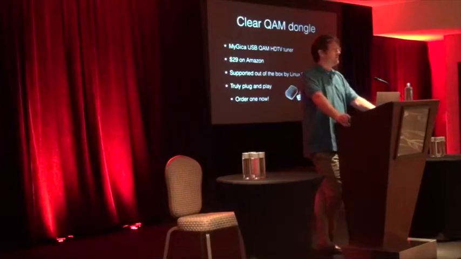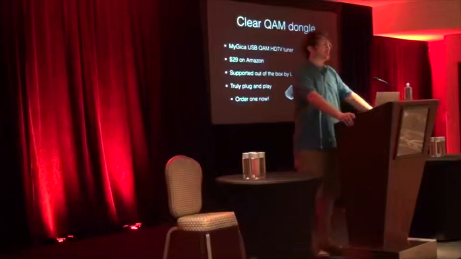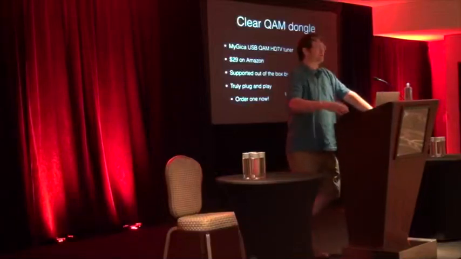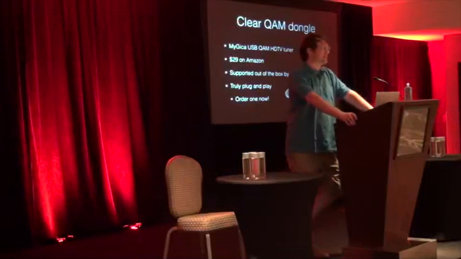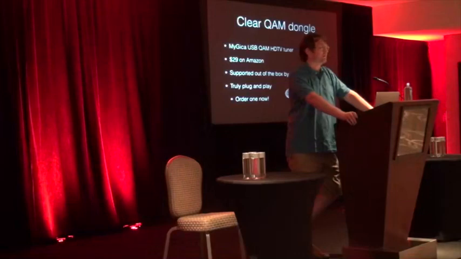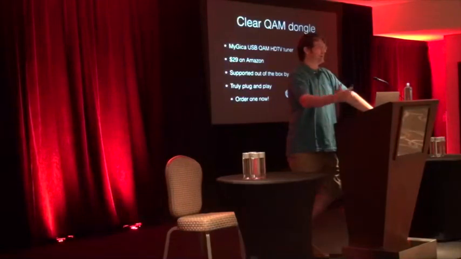It's only $29 on Amazon, so if you're interested in hacking on this stuff, you might go ahead and buy one now to have. And it's cool because it's supported totally out of the box by the Linux DVB API, which is used by MythTV and any kind of Linux TV software, so that you can plug it in. You can get your unencrypted, clear video channels using this hardware.